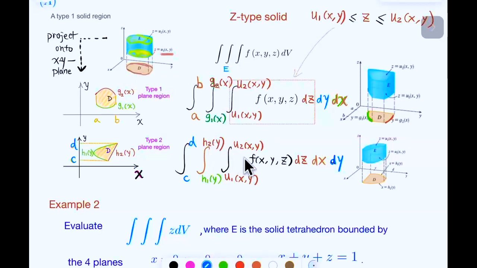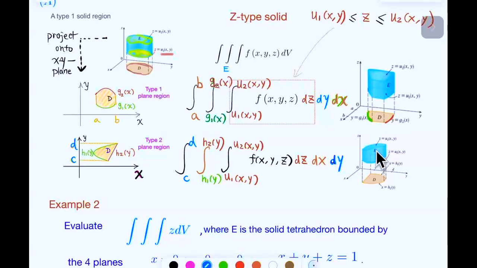Okay, can be both. Now for this one, look at this picture. This is actually an example of this. This one matches with this. This one matches with this. So for this one, it's a D-type solid.